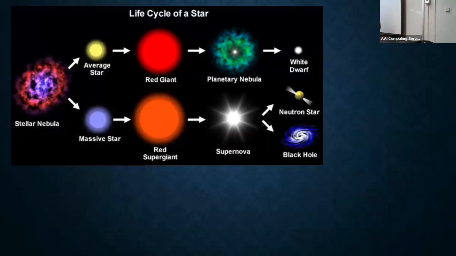So an average star like our sun, as it uses up its hydrogen, swells up in size, starts burning helium and some other things, and becomes a red giant. But then it casts off its outer layers in the planetary nebula. There are also many planetary nebulas in the sky. The Ring Nebula is just the most vivid one in the sphere.